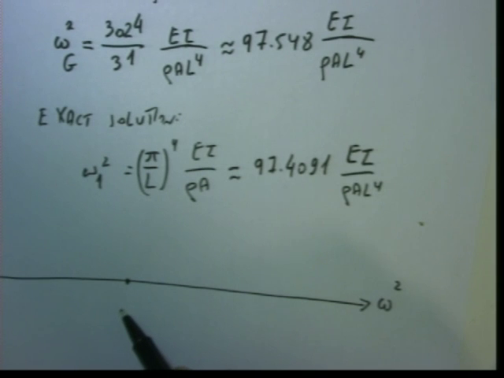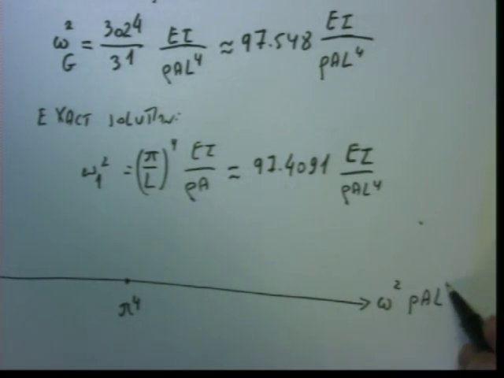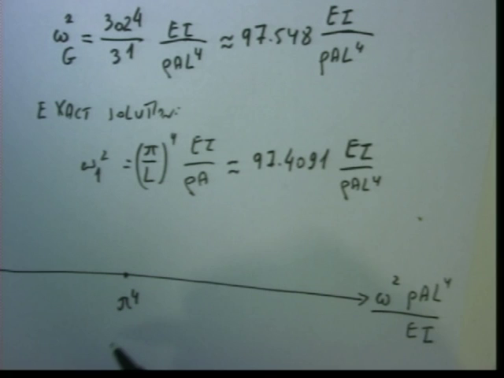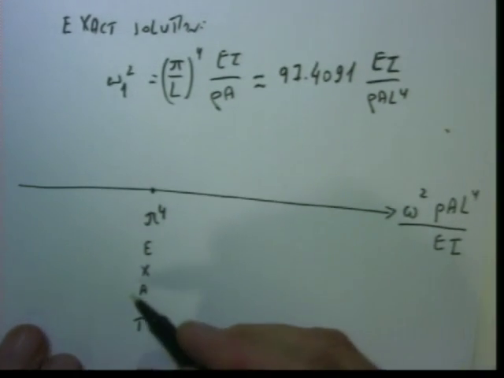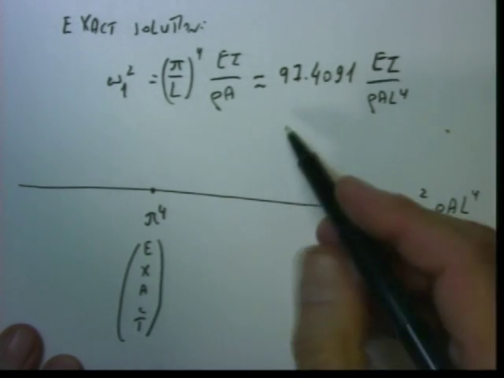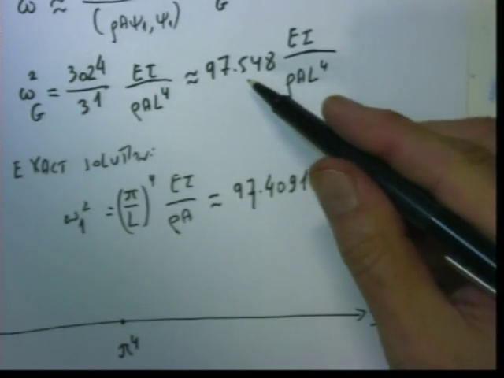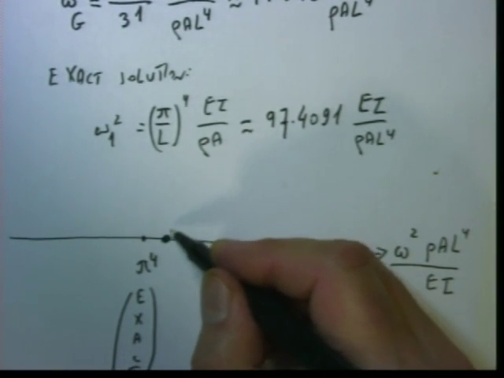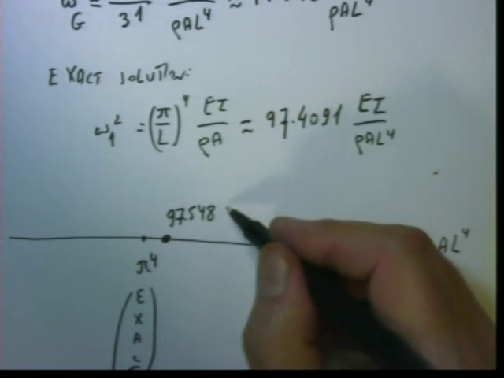Exact is pi in fourth, so that is not natural frequency, natural frequency times rho A L in fourth power divided by EI. So that is this number, pi in 4, that is exact, 97.409. So approximate is 97.548, somewhere here.